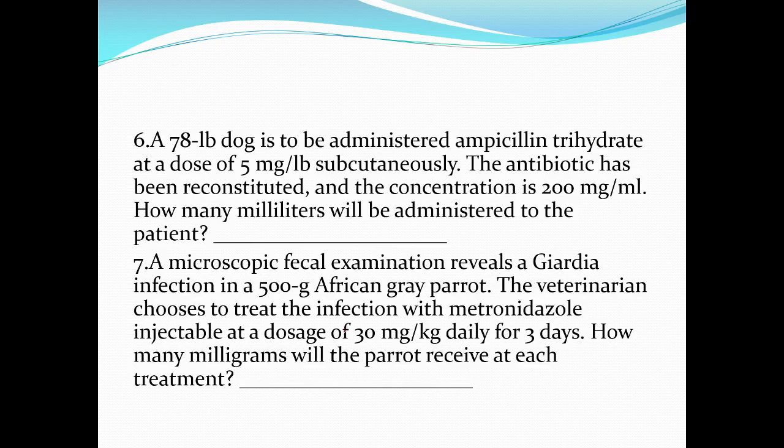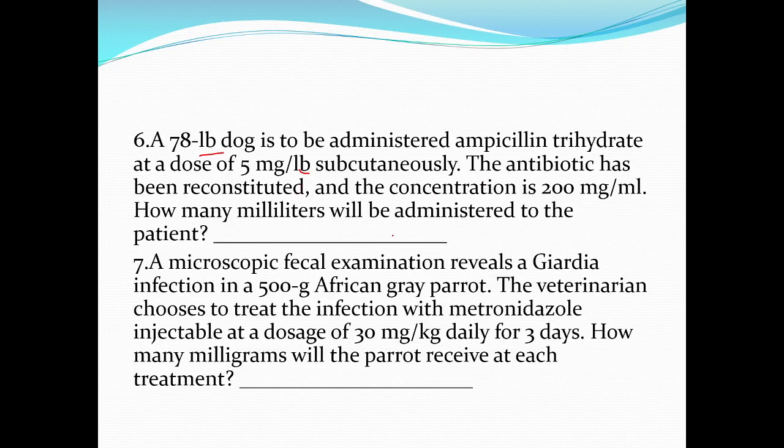A 78-pound dog is administered ampicillin trihydrate at 5 mg per pound subcutaneously. Good, we don't have to convert that. So 78 times 5 means we have given 390 milligrams.